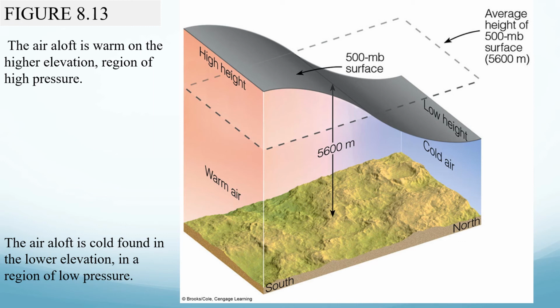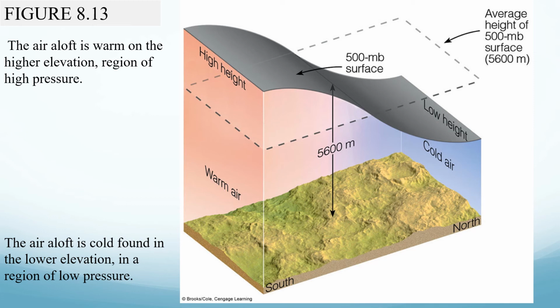So the total number of molecules in the column above the region must remain constant. In this figure, the area shaded gray at the top of the column represents a constant pressure. We call it an isobaric surface. So atmospheric pressure at all points along this surface is 500 millibar.